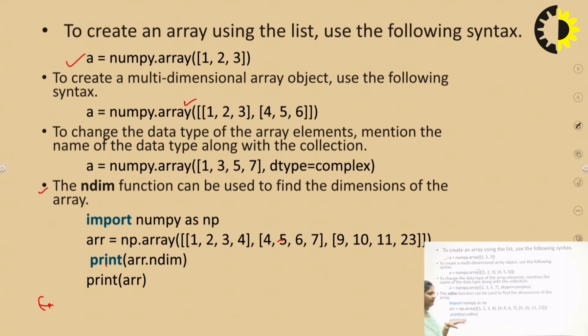So what will be the dimension of this array? It would be 3. So ndim is for dimension, the array is the parameter that we have to pass, and after that we print it. So this is the syntax for finding out the dimension of an array, or we can say how to create a single dimension array and how to create a multi-dimensional array. And after that we are going to use this type of array for finding the dimension of the array.